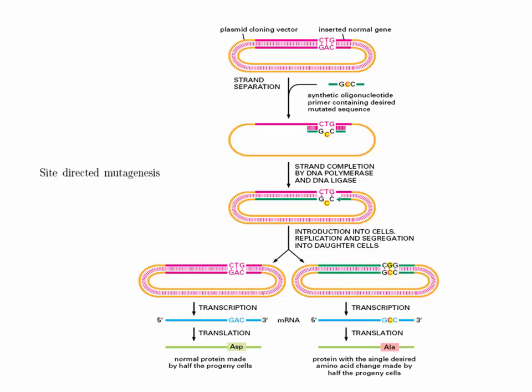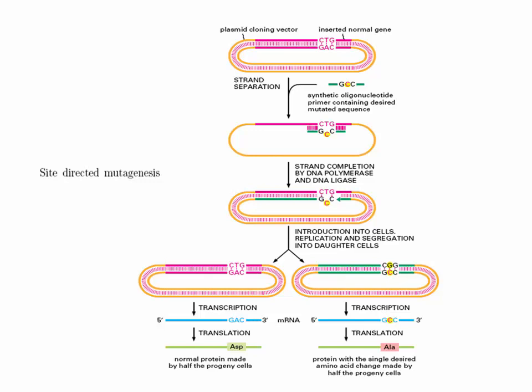Now if you're going to replicate this plasmid DNA, every time it replicates, each strand is going to be used as a template. If the outer strand is used as a template, you're getting the correct DNA sequence on the inner strand. If the inner strand is being used as a template, then this stuff is all messed up, but messed up in a very precise way.